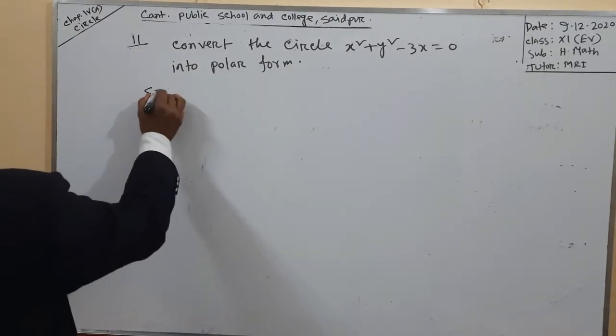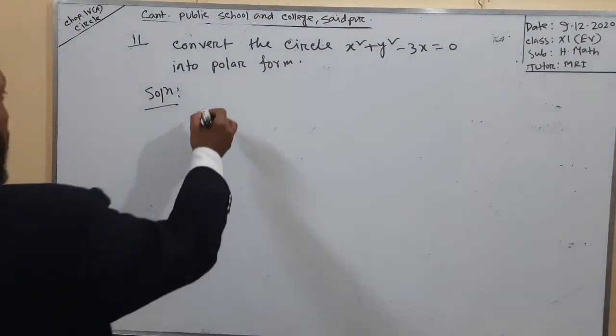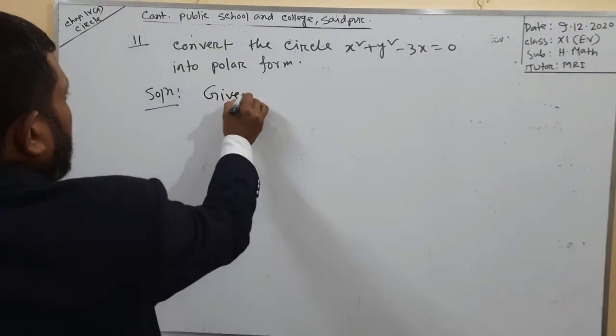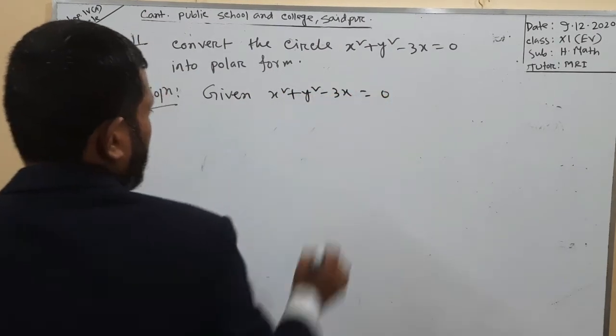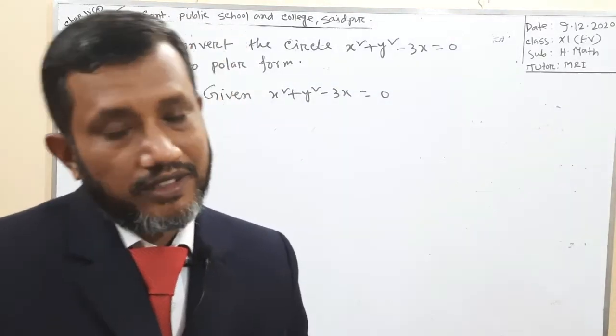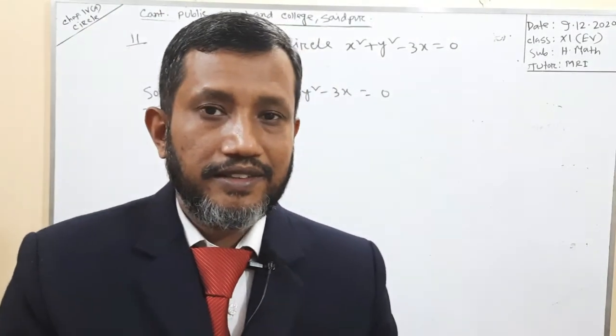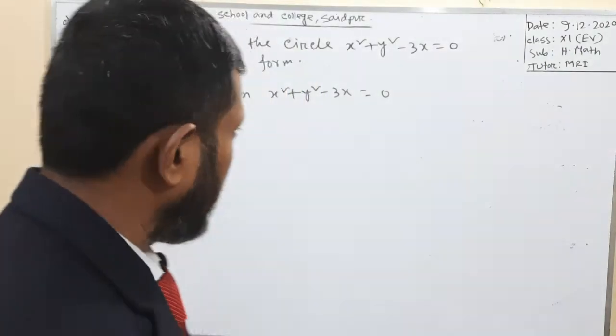Okay, I am writing here, given x square plus y square minus 3x is equal to 0. We know the relation between Cartesian coordinates and polar coordinates is x is equal to r cos theta and y is equal to r sin theta.